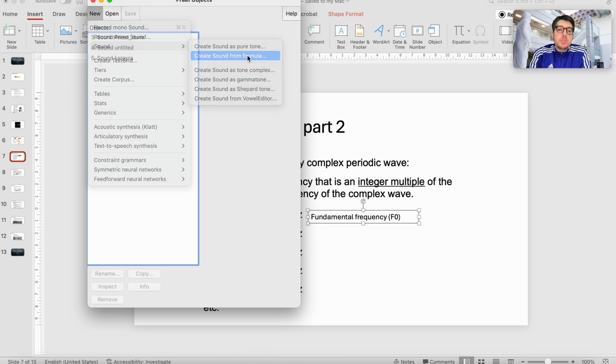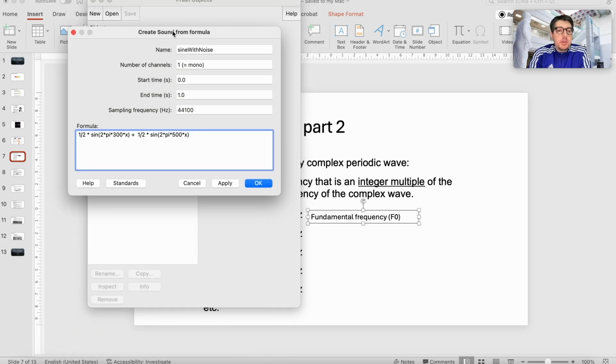So I'm going to create a very complex tone. On the left, I have an amplitude of 1. On the right, I have an amplitude of 0.5. Now this is a formula for creating a sine wave: 2 times pi times 300 hertz.